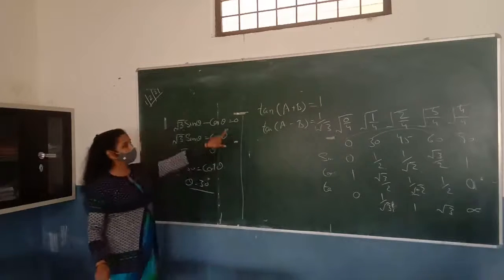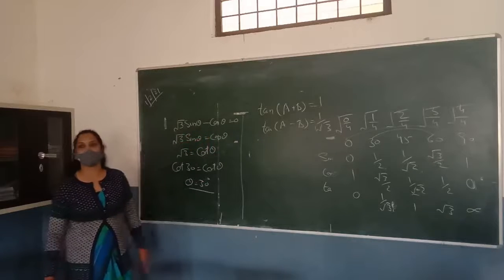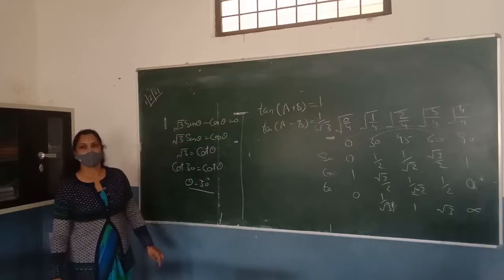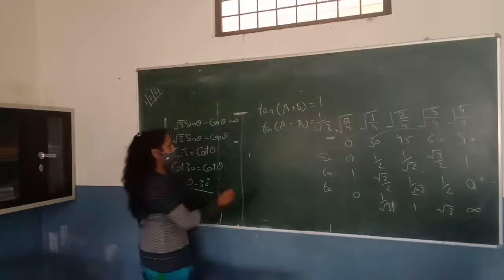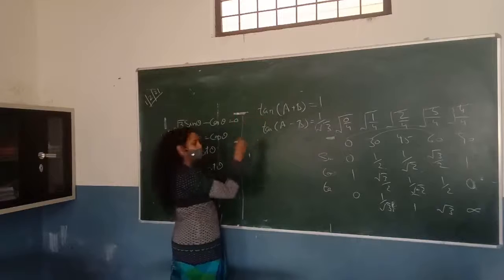Now can you tell me for which angle the value of tan theta is equal to 1? 45. So we can say tan (A plus B) is equal to tan 45, so A plus B is 45, the first equation.